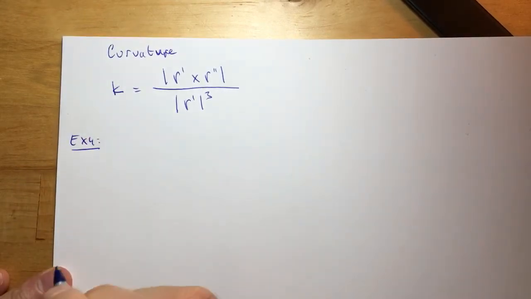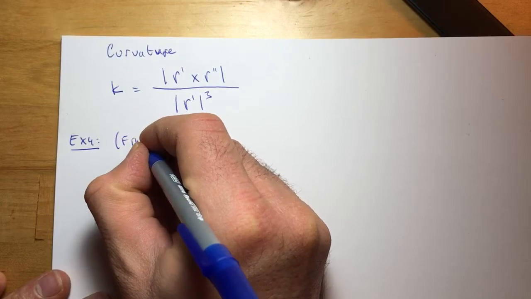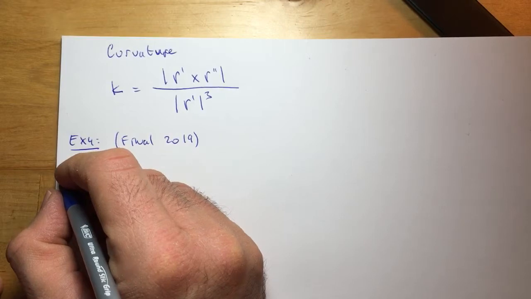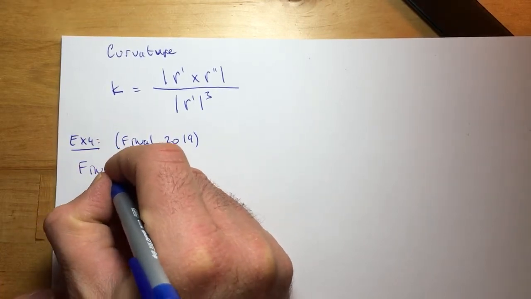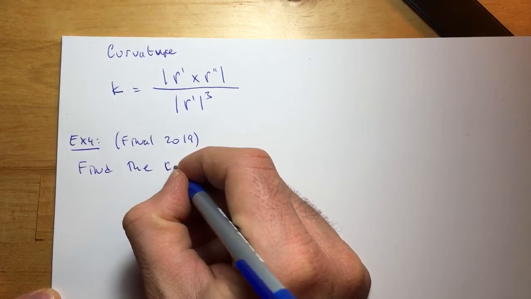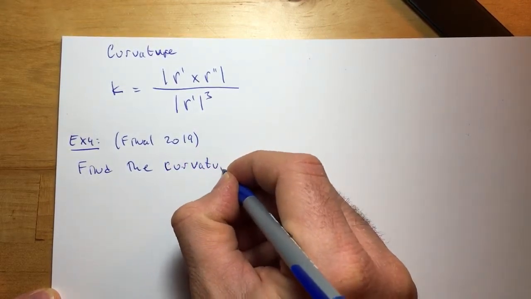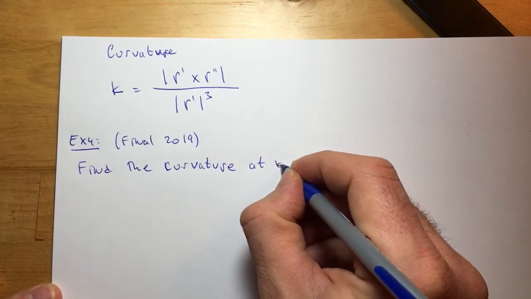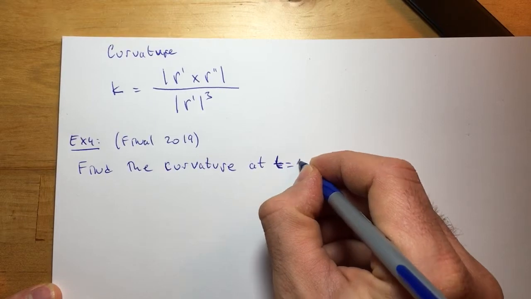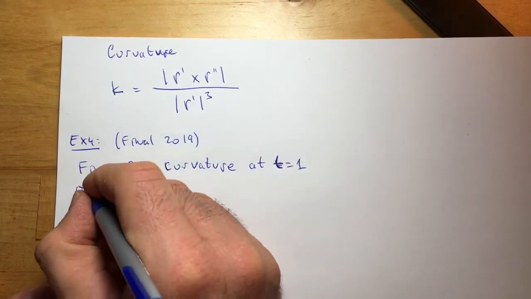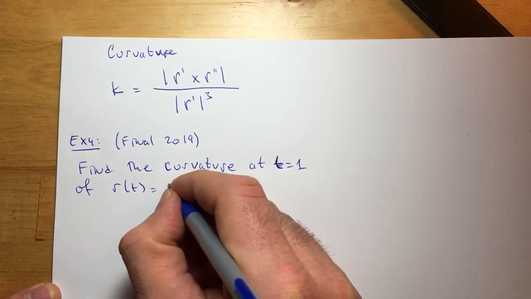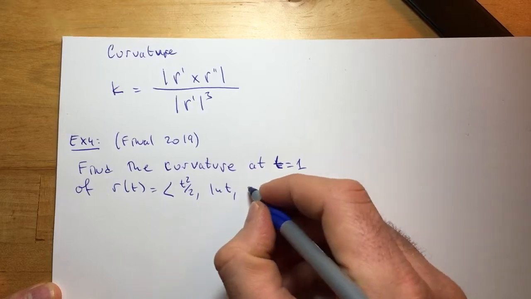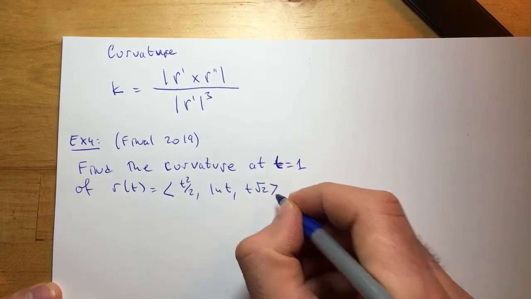This is example 4 if I'm not mistaken, and this is from the final 2019 that says: find the curvature at t equal to 1 of r of t defined as t squared over 2, ln of t, and t square root of 2.